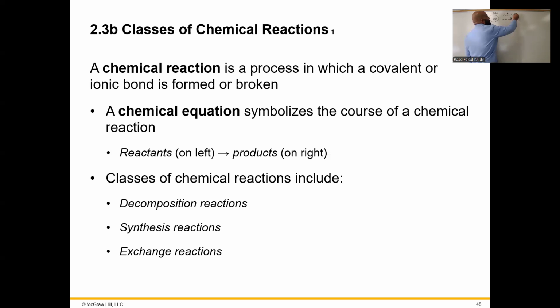That's a decomposition because it decomposed. Decomposition reaction. What is the second type? It is the opposite. When you have two separate reactants like Na plus and Cl minus, and they both add up together to give you something big, joining together, and that would be NaCl.